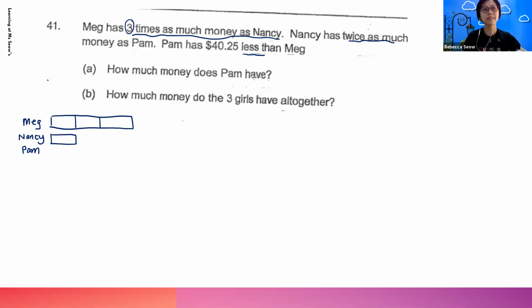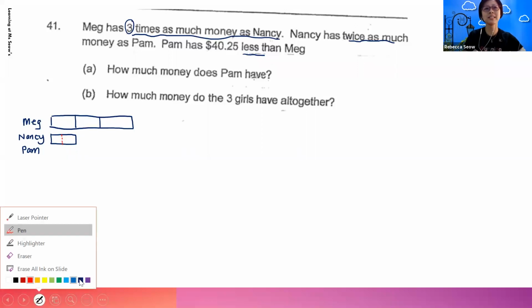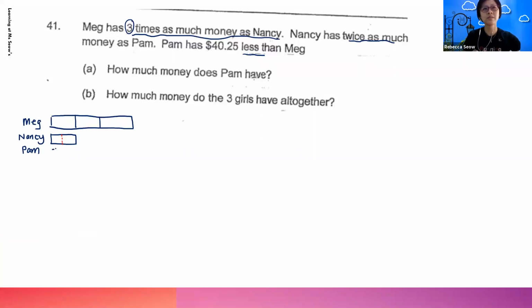So what we have to do to Nancy's unit is split it from one big unit into two smaller units. From there, Nancy would have 2 units, and Pam would have 1 unit. So it will be something like that.